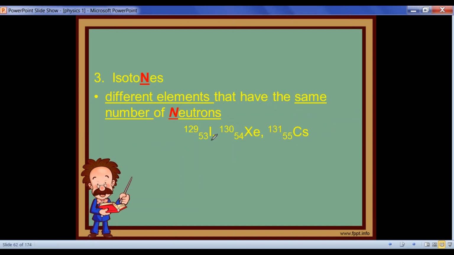So 129 minus 53, that would be 76. 130 minus 54 is also 76. 131 minus 55 is also 76. So you see they have the same number of neutrons, which is 76. So different elements, so meaning different atomic numbers. They have different atomic mass, but their neutrons are all the same. Okay?